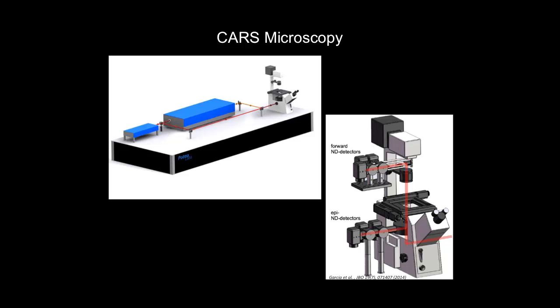We also have detectors that collect the signal in the forward direction for signals such as second harmonic generation and CARS, which are coherent signals propagating in the forward direction. We use the forward detection when we image thin sections. If we do in vivo animal imaging, when the forward light is blocked, we need to use the photons that are scattered back.